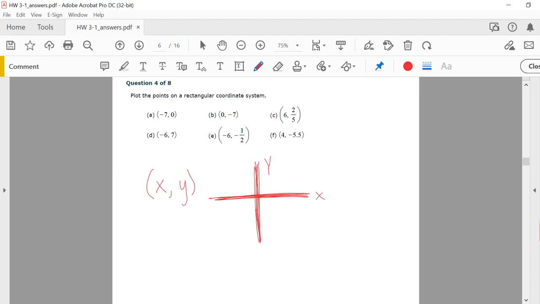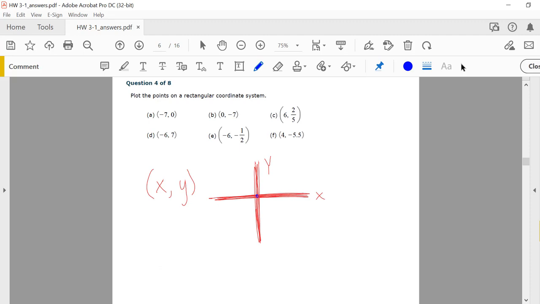This is your y-axis. So when you go x, you're going to start at the origin and you're going to go whatever direction x is. If x is positive, you go to the right. If x is negative, you're going to go to the left. And then you're going to go y direction.